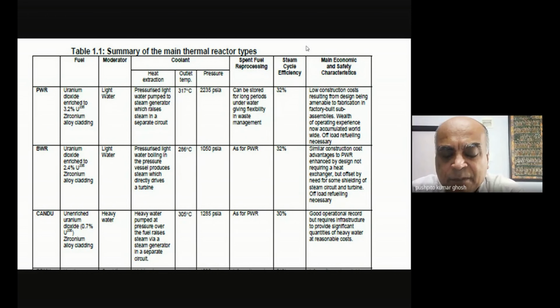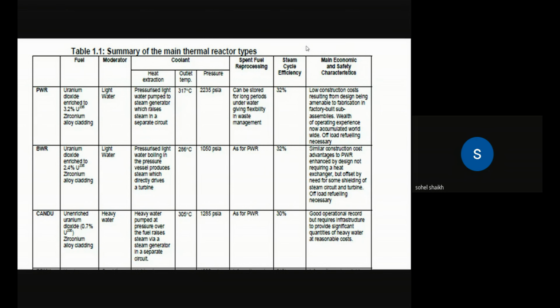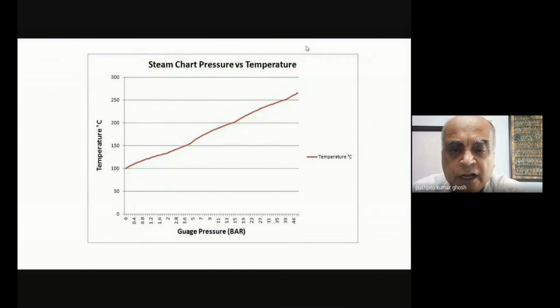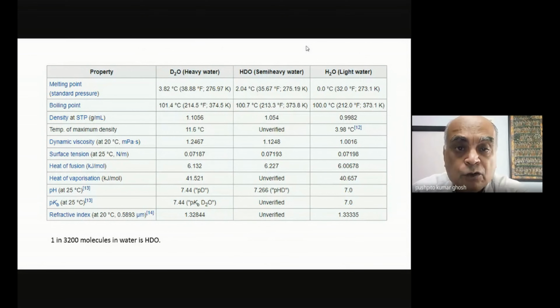The next time the same thing will happen, and that's how you can enrich one fraction in uranium-235. Is that clear? Everybody understood? Yes, sir. Okay. And that's not the only method. There are other methods which people are working on, but we are not going into that.